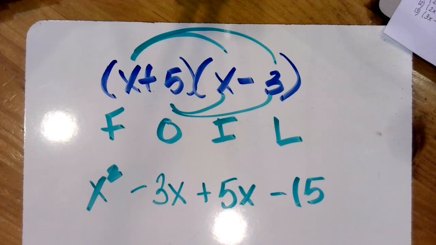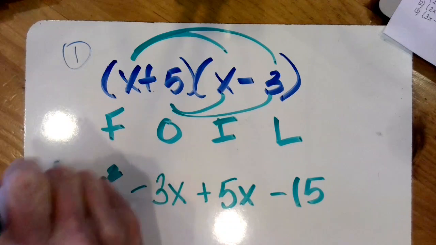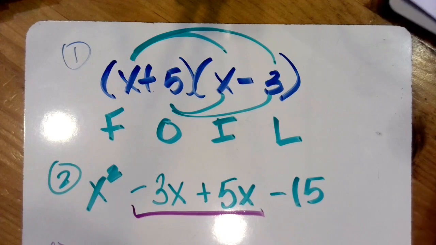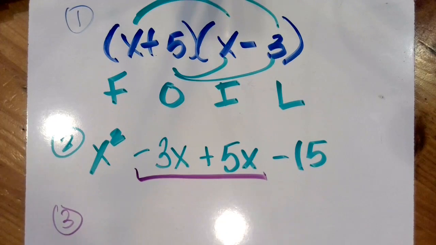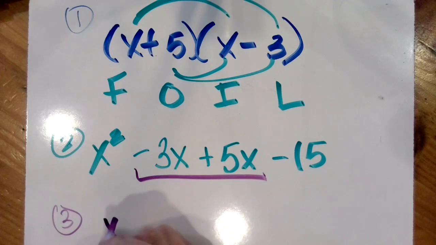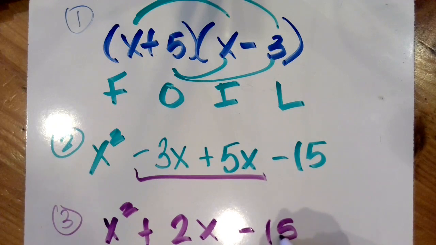So we've got 3 steps in each of these. Our first step is to write the problem. Our second step is to FOIL. And our last step is going to be to combine our like terms. So for this example, my negative 3x and my positive 5x are going to simplify to positive 2x, minus 15.